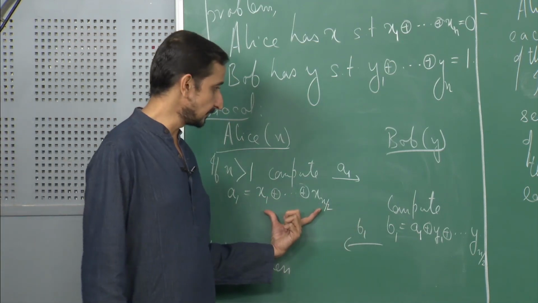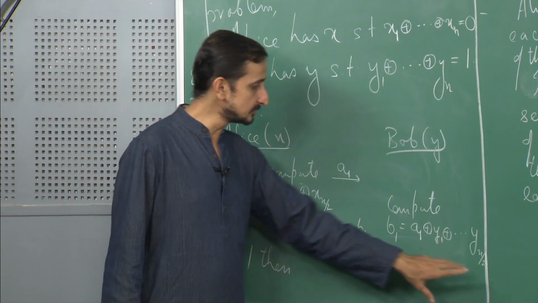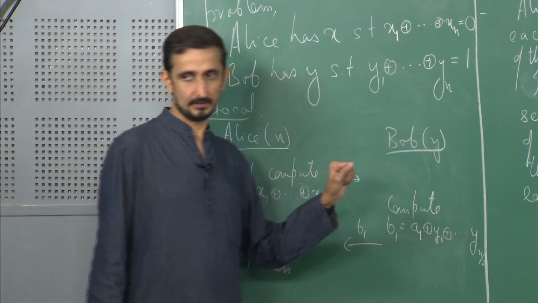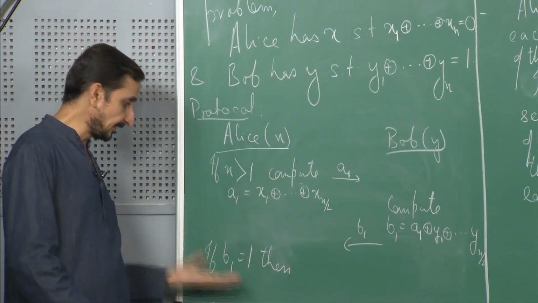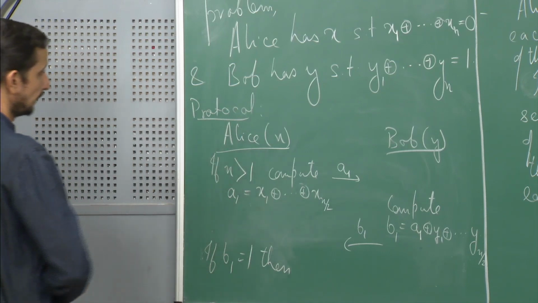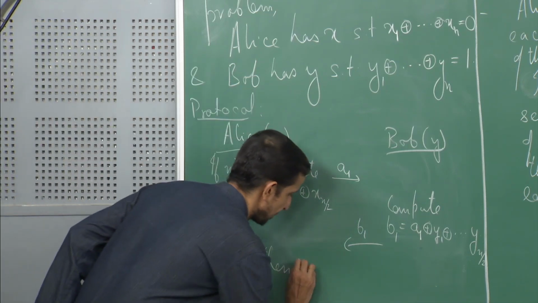And if the parity of the first half of X is 1, then the parity of the first half of Bob's string must be 0, right? So therefore, if they recurse on the first half, then you have two inputs on which they differ.